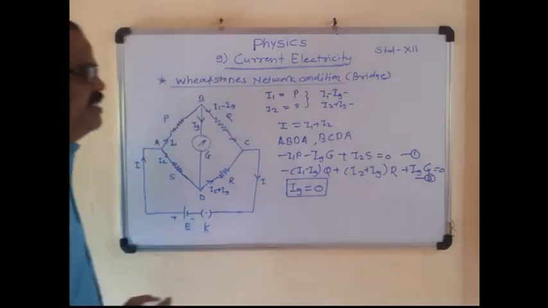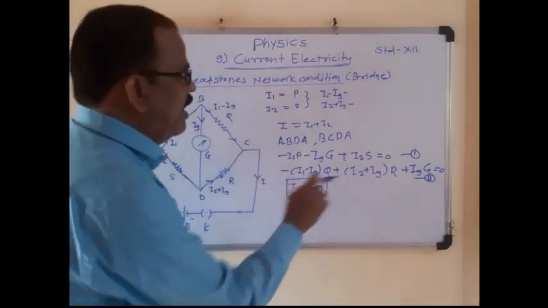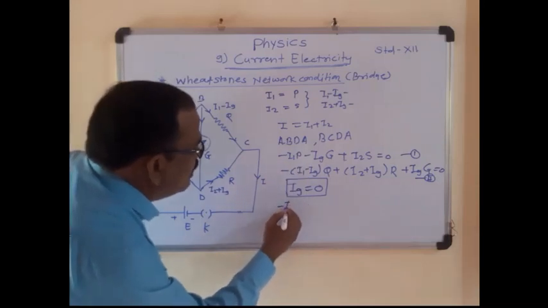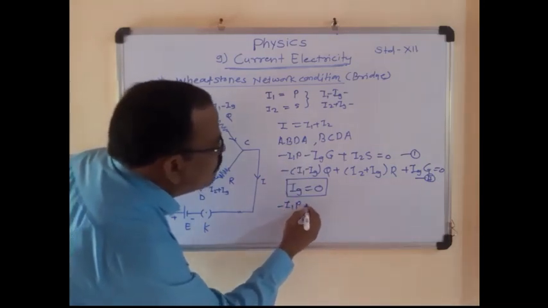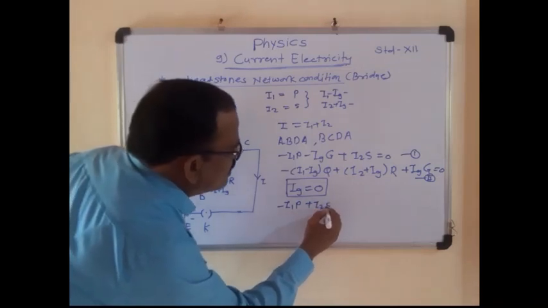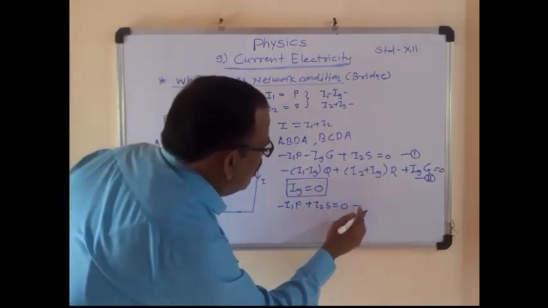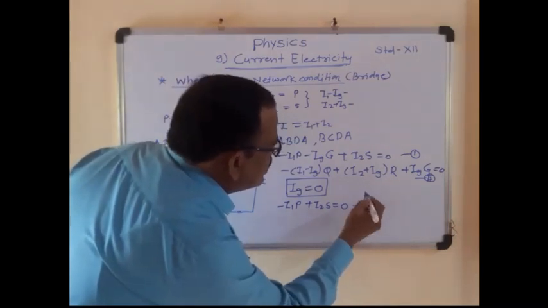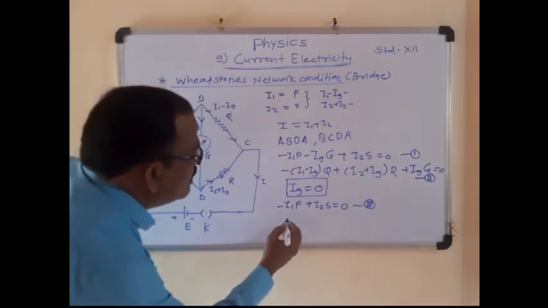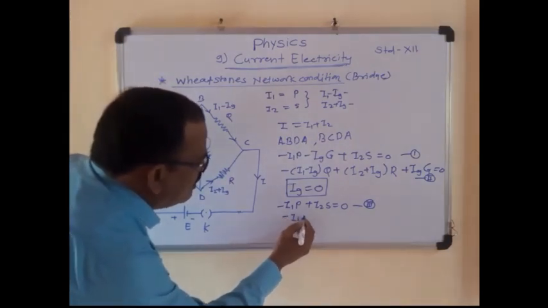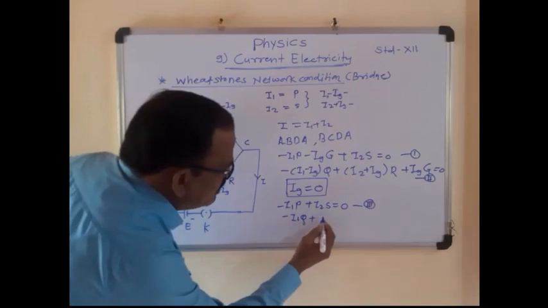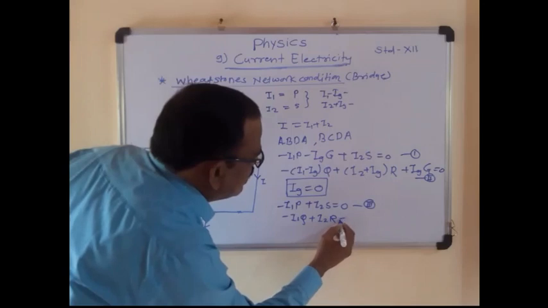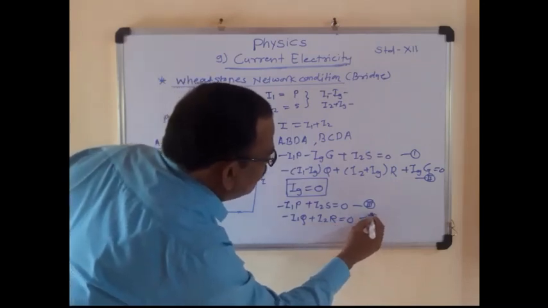Substitute Ig equal to 0 in equation number 1 and equation number 2. Therefore we write minus I1P plus I2S is equal to 0, equation number 3. Similarly, equation number 2 can be written as minus I1Q plus I2R is equal to 0, equation number 4.